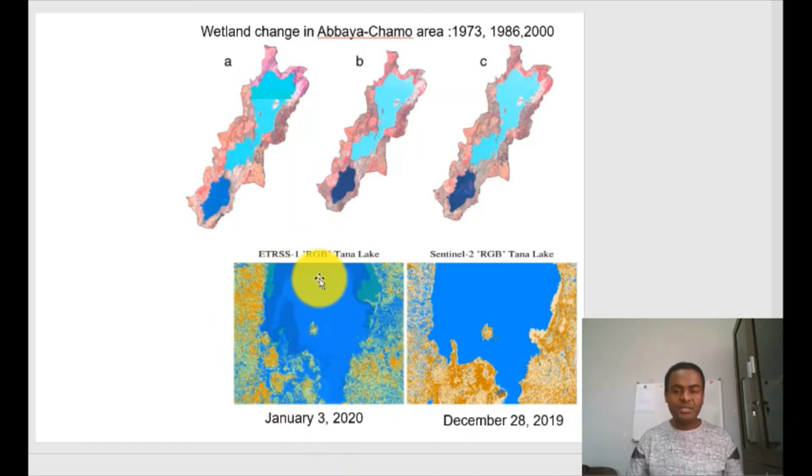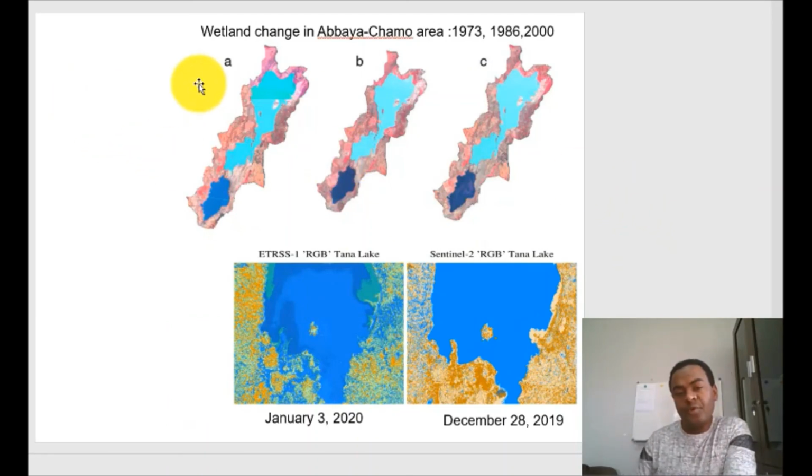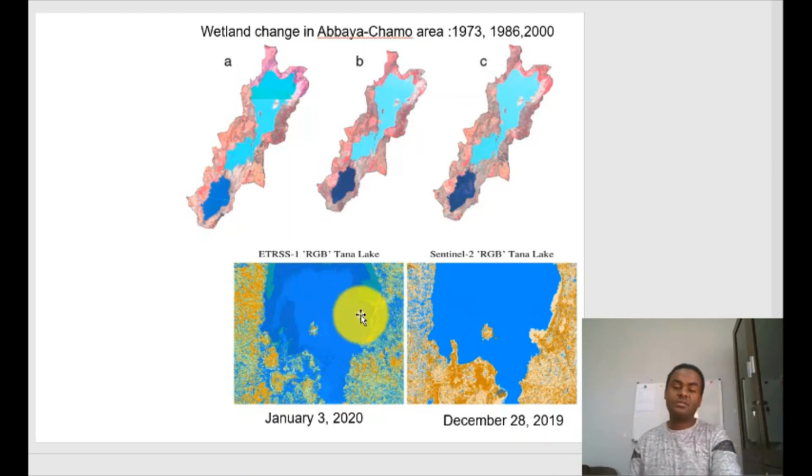These are some of the applications of remote sensing of water bodies. We can use it to show the temporal trajectory of wetlands as well as aquatic plants, in order to estimate invasive species over Lake Tana and the like.